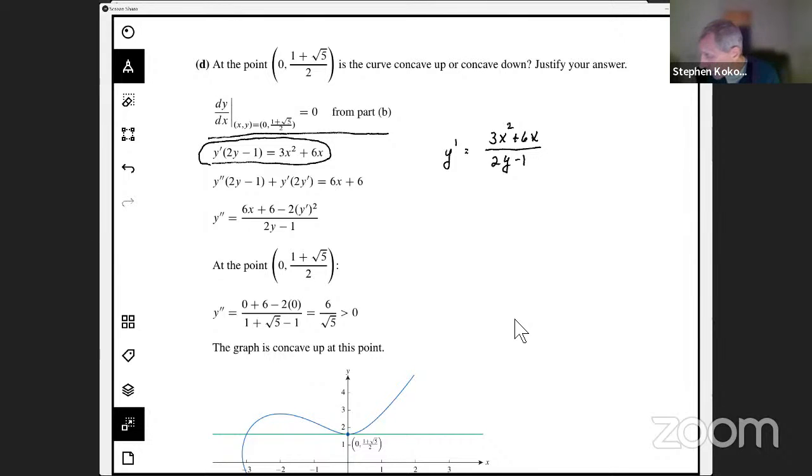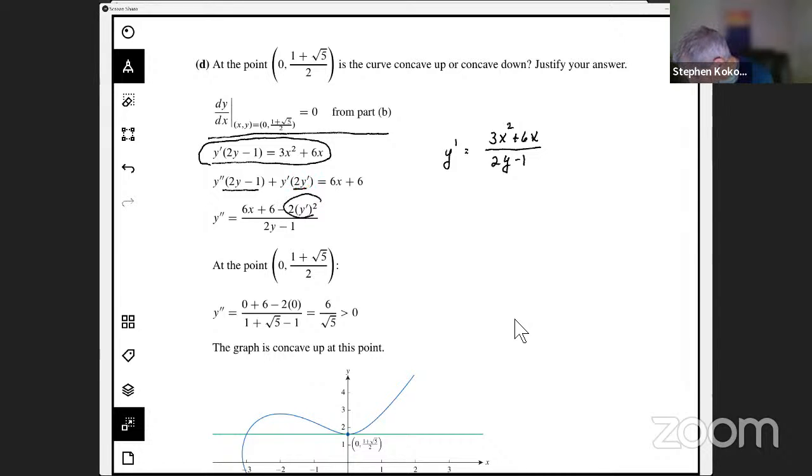So I'm going to take the derivative on the left-hand side, which is a product: y double prime times the second function, plus y prime times the derivative of that second function. The derivative on the right-hand side is just 6x plus 6, power rule a couple of times. The derivative of the second function gives 2y prime, so this is really 2 y prime squared.